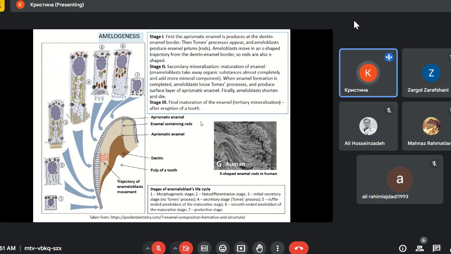While they produce enamel, they release organic substances and also substances for very fast mineralization. So primary and secondary mineralization happens, and then they die, and final maturation of the enamel or tertiary mineralization happens after eruption of a tooth, when ameloblasts are already dead.